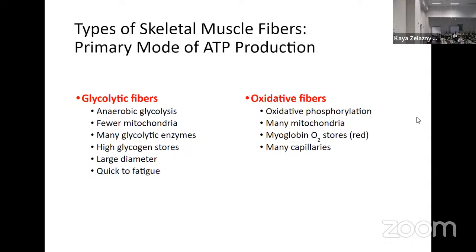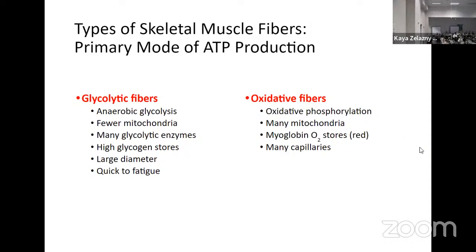Another way to get oxygen is to just deliver oxygen through the bloodstream. So we have lots and lots of capillaries going to our oxidative fibers for extra blood flow. Oxygen is carried in the blood from the lungs to the tissue, including to our muscle tissue. Capillaries are really skinny blood vessels, little networks, and those are our sites of exchange.